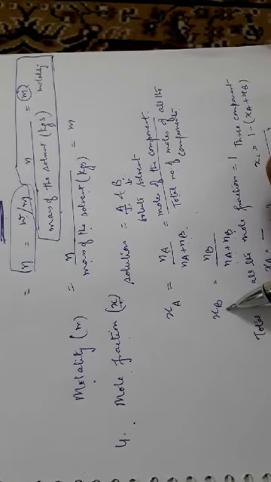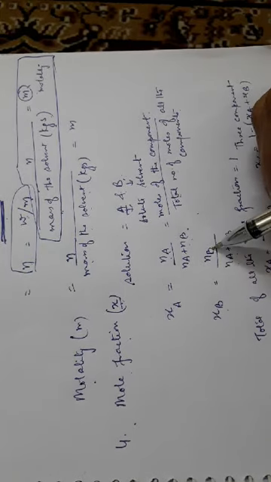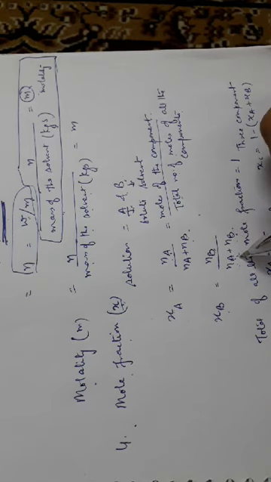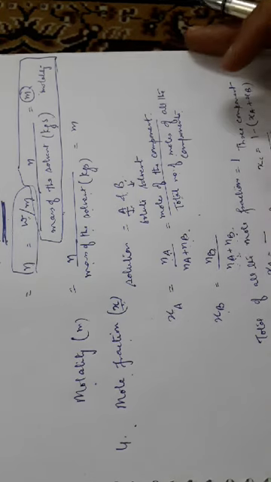For the second component, XB is the number of moles of the component B upon Na plus Nb, that is the overall number of moles of both the components.